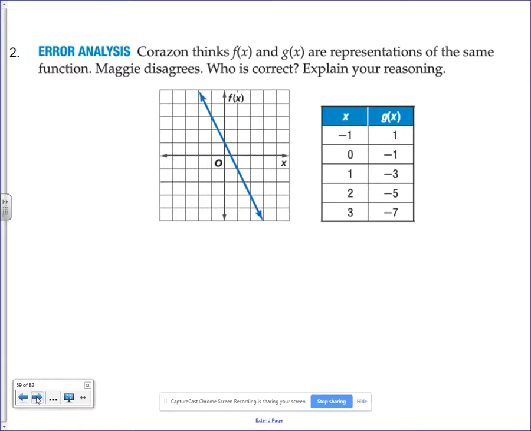What do you think, Tyler? Who's correct? Why is Maggie correct? You're right. Maggie is correct. These two things are not the same.